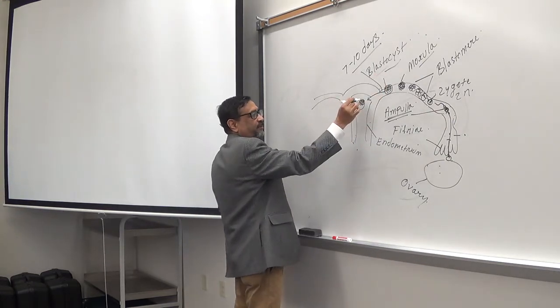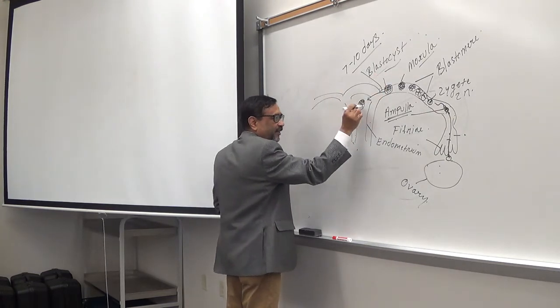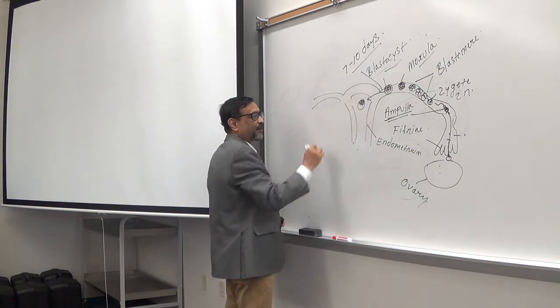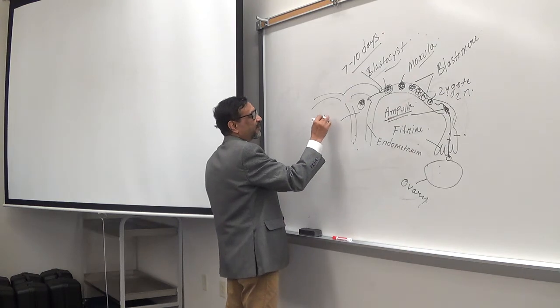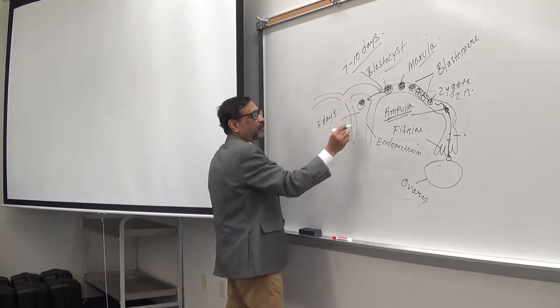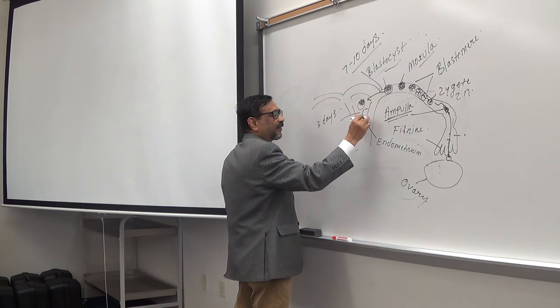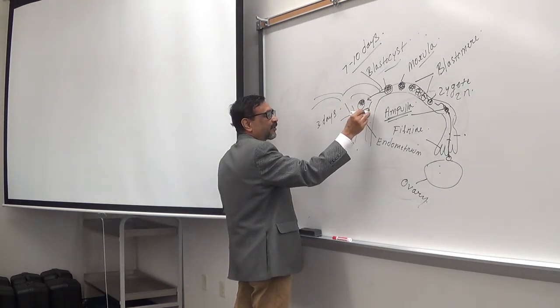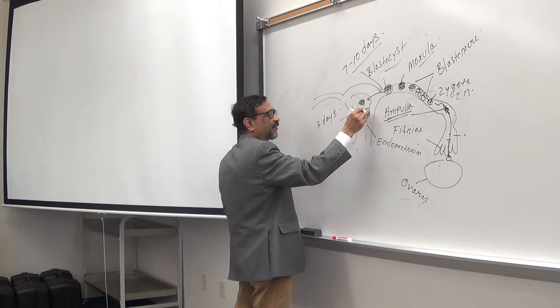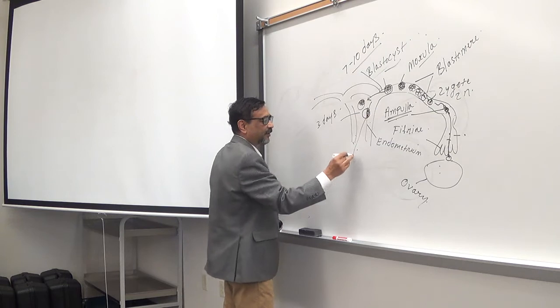And then, after the blastocyst enters into the uterine cavity, it takes about 3 days to get implanted, attached to the endometrium. So now this is the implantation.